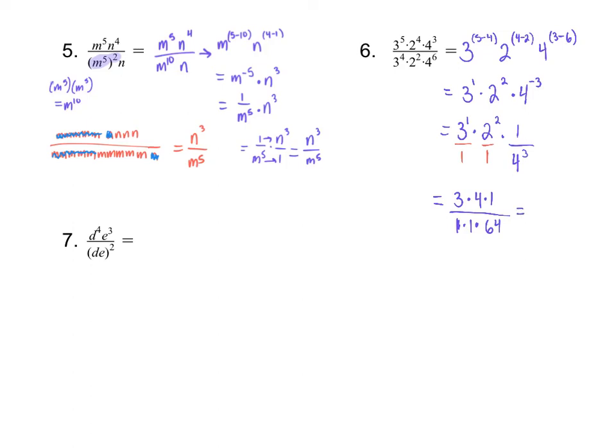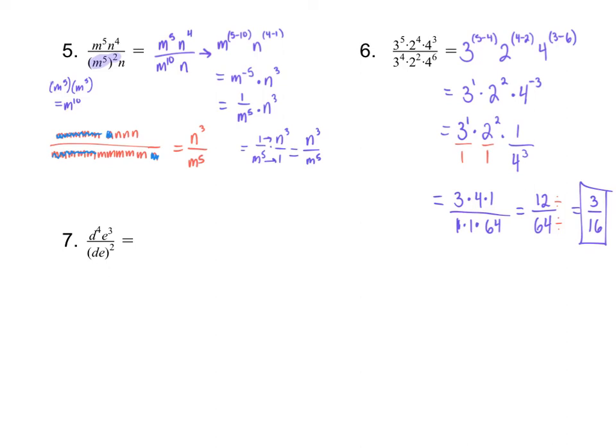So multiplying straight across on top, we get 12. On bottom, we get 64. And I notice that both of these values are divisible by 4. So if I divide everything by 4, I end up with 3/16. That would be my final simplified answer. So all of that junk just simplifies down to 3/16.